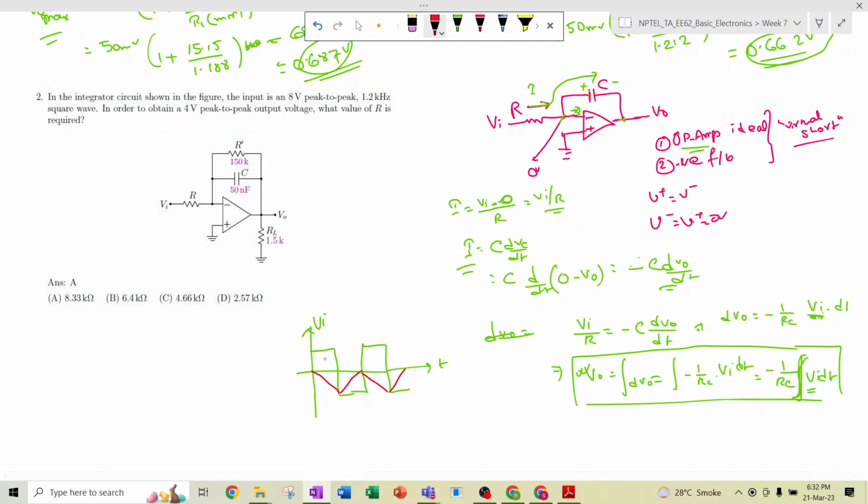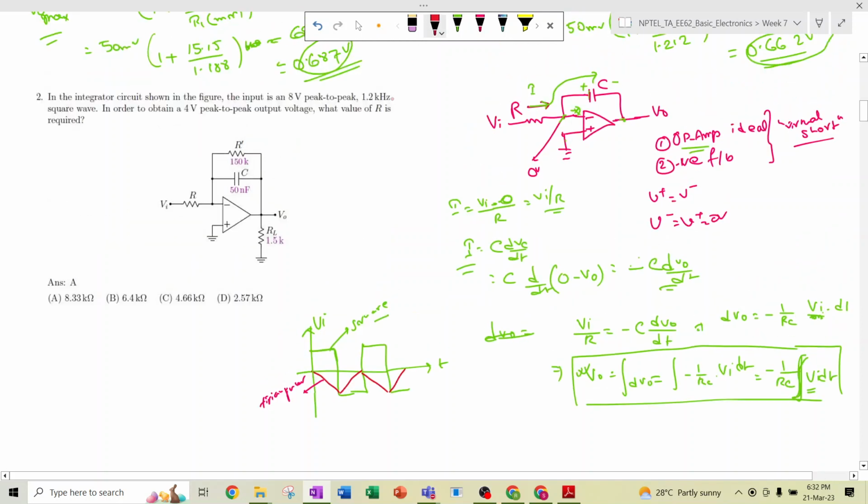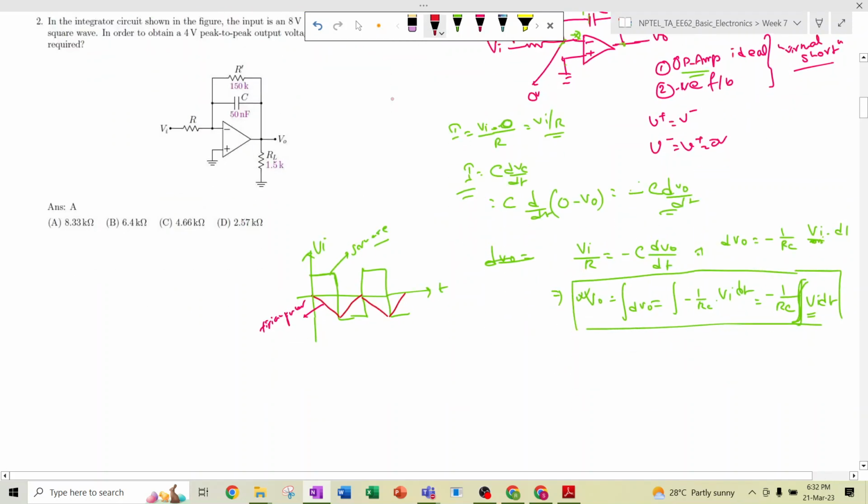The input is a step function, and the integration of the step is the ramp. So this is the output, basically a triangular wave. If we give a square wave at the input, we get a triangular wave at the output. In the question it is told that the input is an 8 volt peak to peak 1.2 kilohertz square wave.